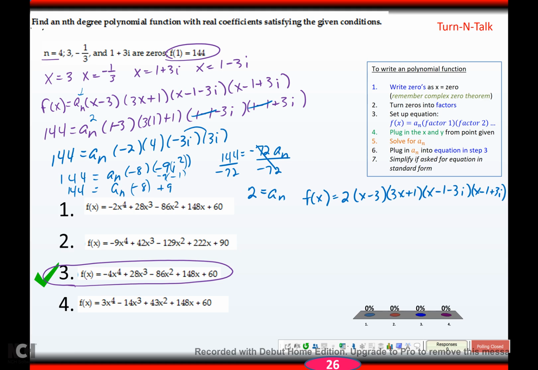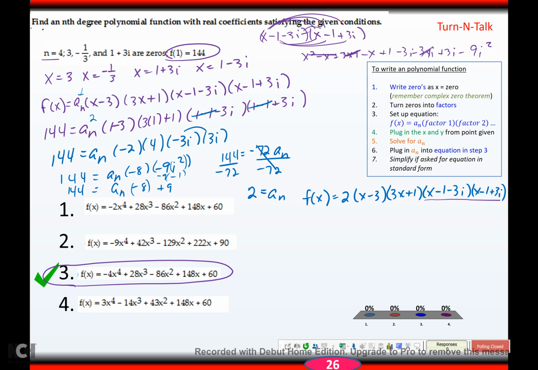Okay? I'm going to do these two on the side here. So if I have x minus 1 minus 3i, x minus 1 plus 3i, that's going to give me x squared minus x plus 3xi minus x plus 1 minus 3i minus 3xi plus 3i minus 9i squared.